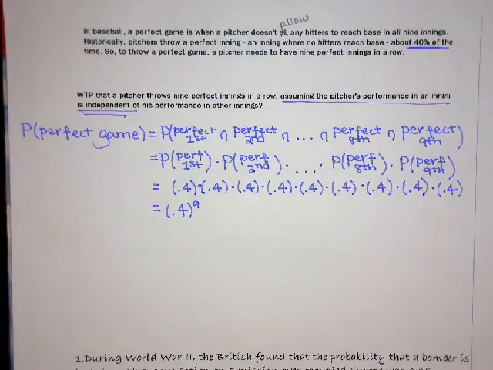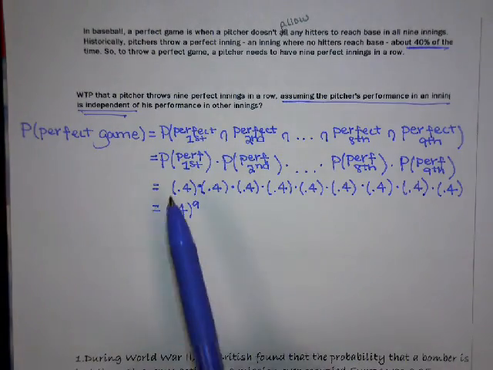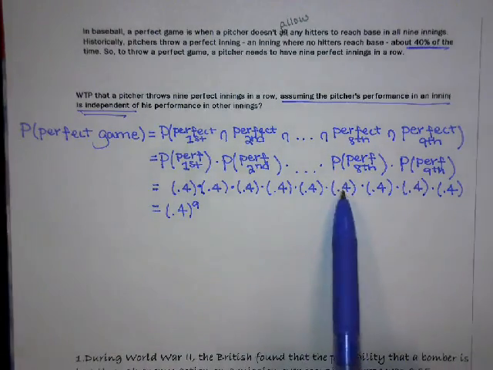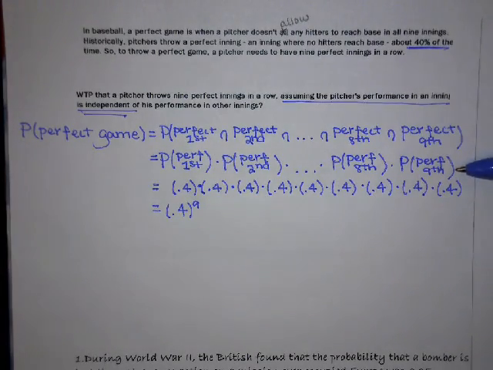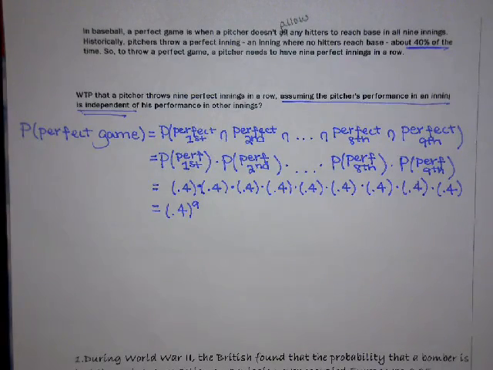And no, you do not need to show this if you have a question like this on your homework. I just wanted to show it for the first time to show why we can use our new multiplication rule for independent events. If this was a question on your homework, you could write probability of a perfect game comes from 0.4 to the 9th power. I'd absolutely be fine with that.